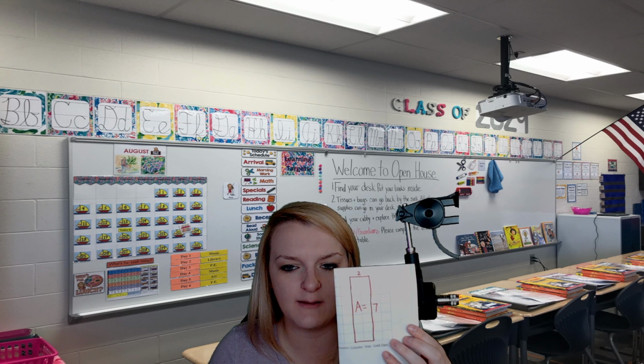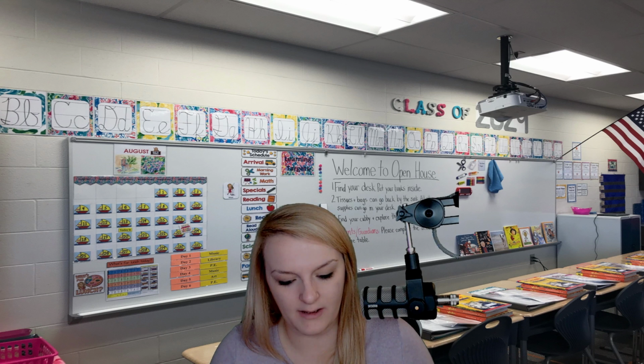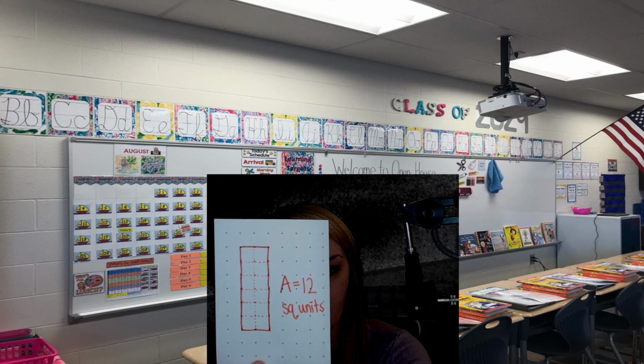Next, we're going to try it on dot paper. So this was grid paper. The squares were already made for me. I just had to count them. On dot paper, the squares aren't made for me. I have to kind of draw them myself almost. Okay, here's one.